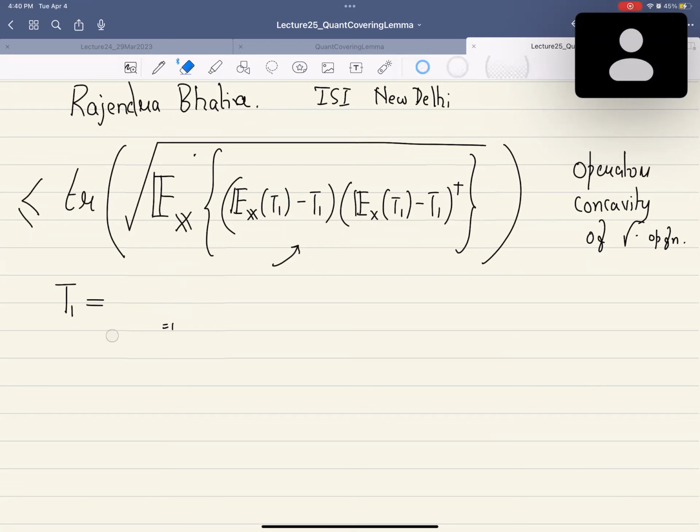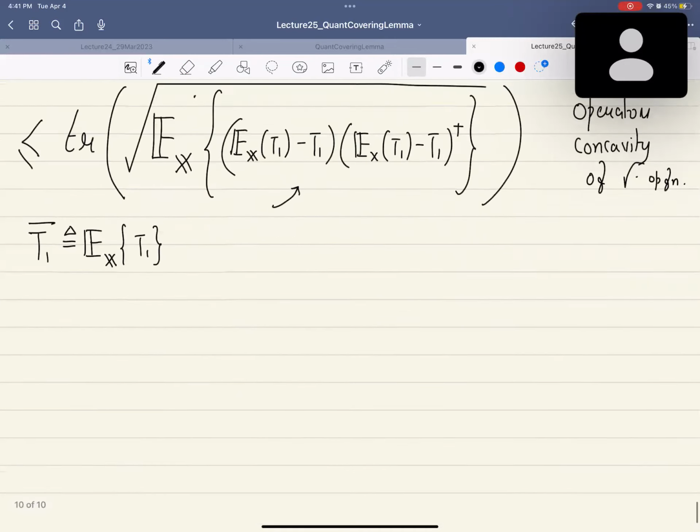This step I will do, and hopefully you will check all the details. So expected value of X, T1. Just for simplicity, notation: instead of writing this expectation so many times, expectation of T1 is defined as T1 bar. Okay, so that makes life a lot simpler.